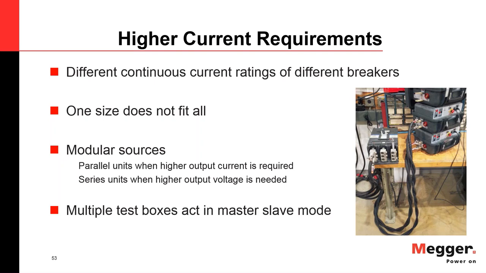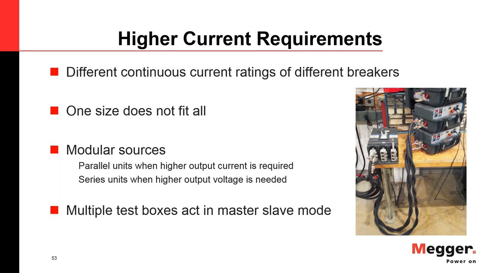There is simply no primary current injection test set that can test all of the breakers, that can go from a 1 amp miniature circuit breaker to a 6,300 amp airframe circuit breaker. Different power classes require different sizes, different test instruments.